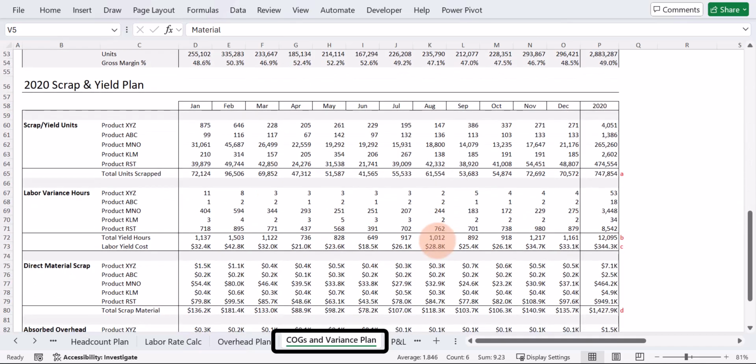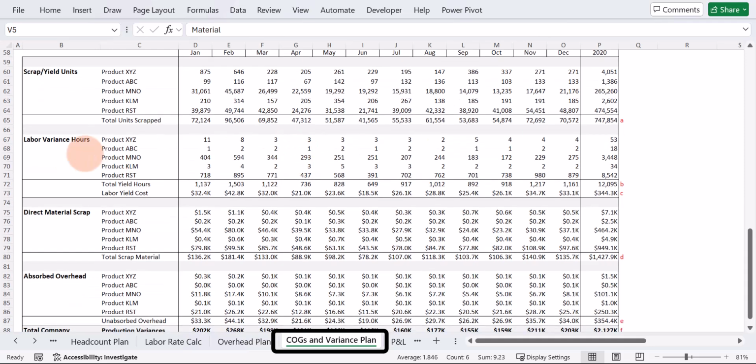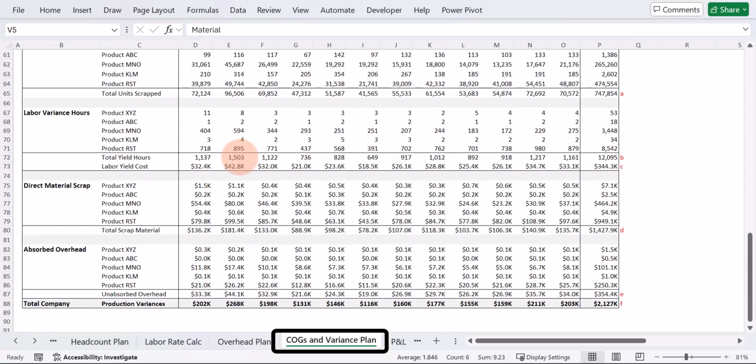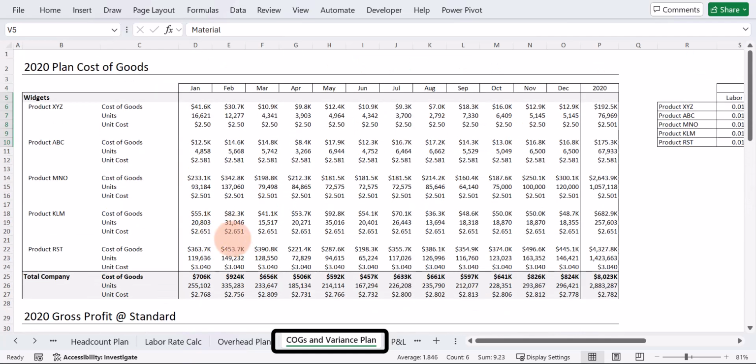Down here at the bottom, you'll want to drill into this, but here we show you how we're going to get to the scrap and yield unit cost, kind of our labor variance hours cost, direct material scrap costs, and our overhead absorption costs. So you'll want to look at each one of those individually. And then going up to the top, we have our cost of goods.